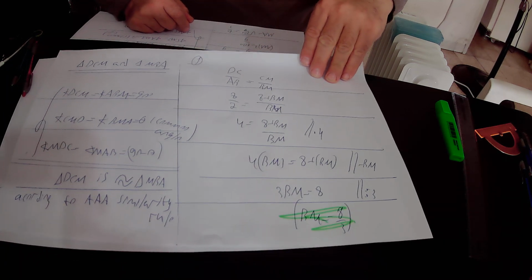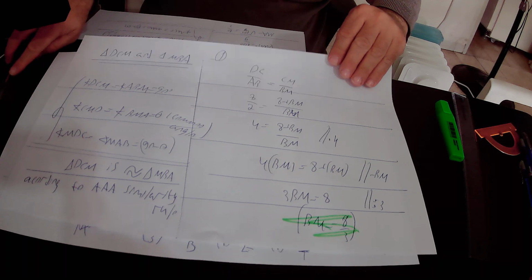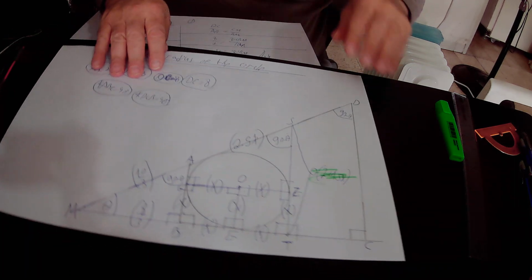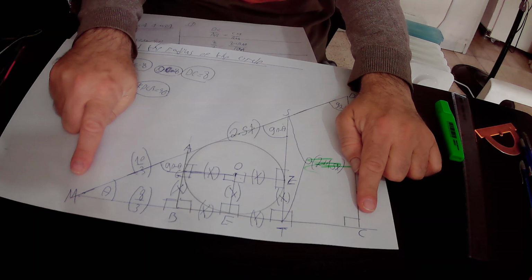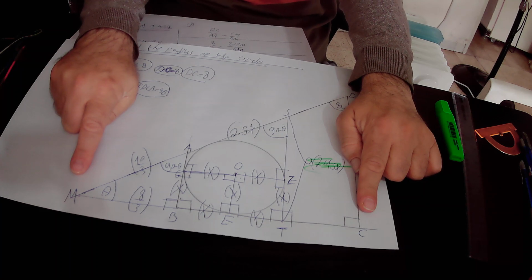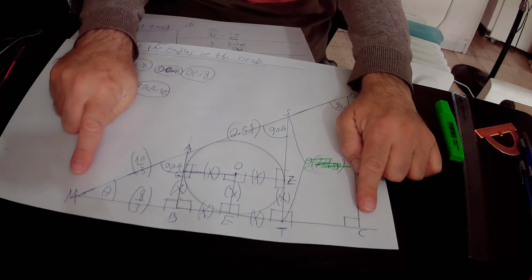CM, what is the length of CM? From the drawing, it is very easy to see that CM equals CB plus BM. That is to say, CM equals CB, that is 8, plus BM. So in total, CM equals 8 plus BM.